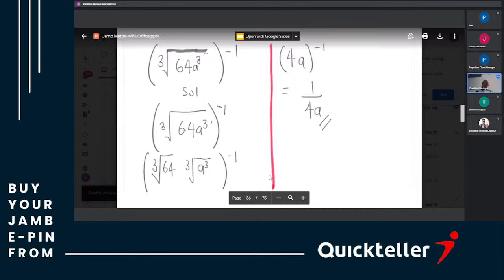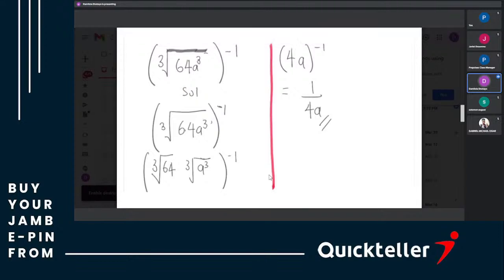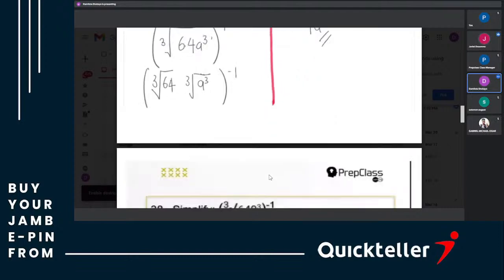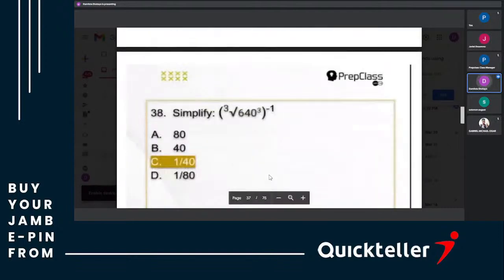That 2 is not 2, it's power. A raised to power 2 is A squared. So that will give me 1 over 16A squared if it were raised to power minus 2. But this question is just raised to power minus 1. That will become 1 over 4A. I don't know if that's clear to you guys. Understand what I'm saying? Yes. Okay, so watch out for that.